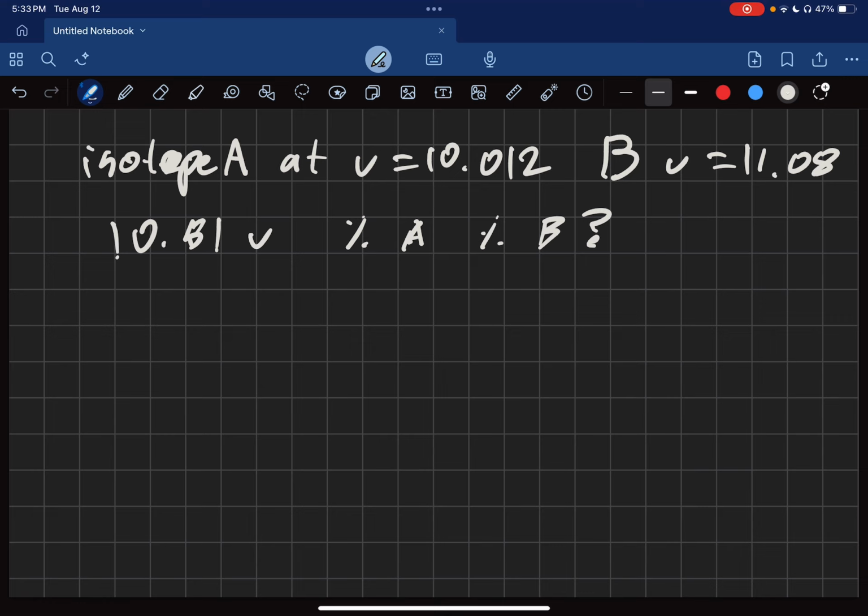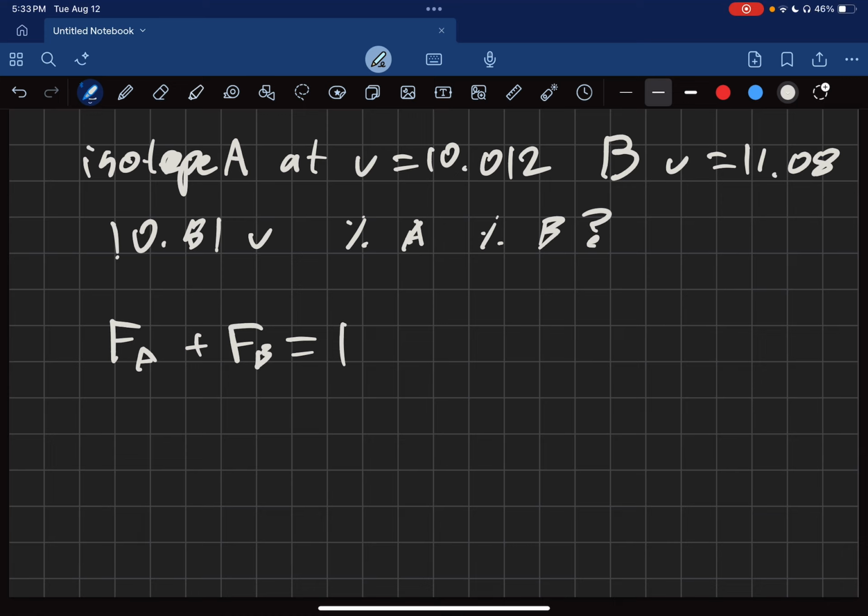So to solve this, we're going to need to have two things handy. For one, we know that the percent of A, let's just call that FA, plus the percent of B, FB, has to add up to 1. That's because if you had 10% of isotope A, the other 90% has to come from isotope B because we don't have any other isotopes here.